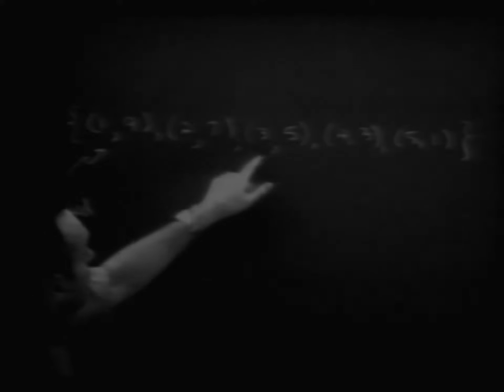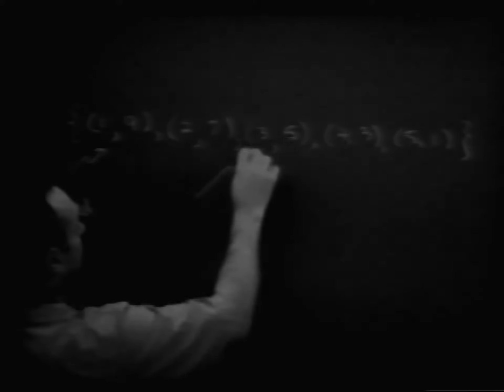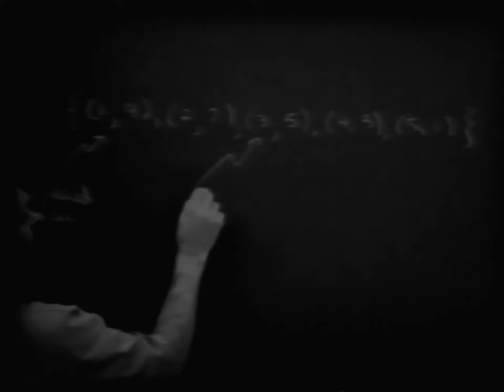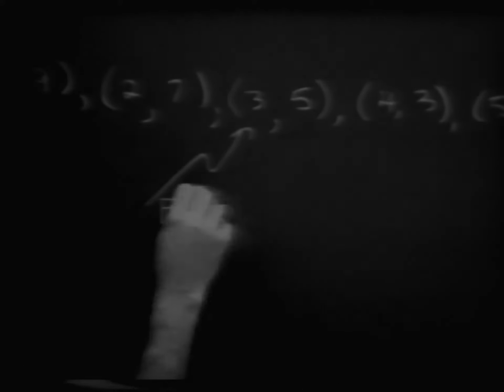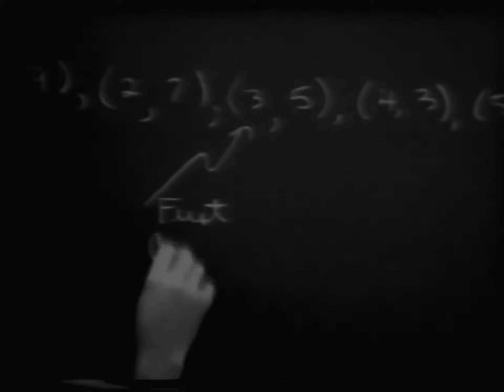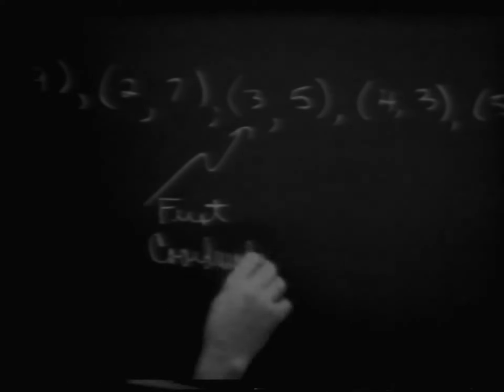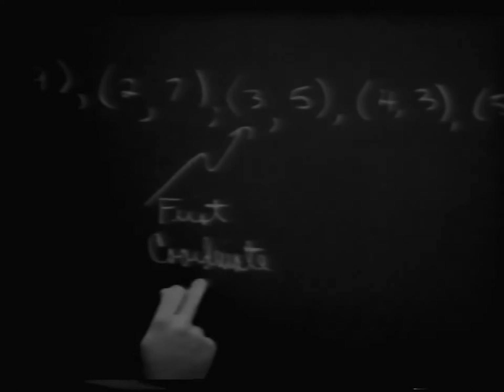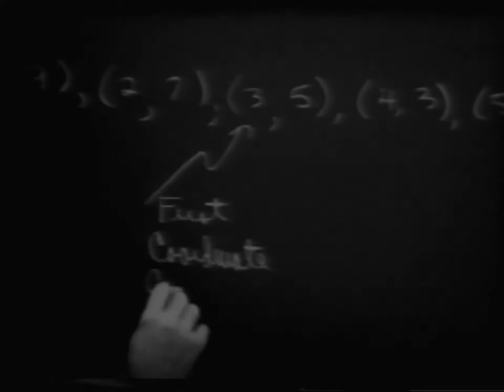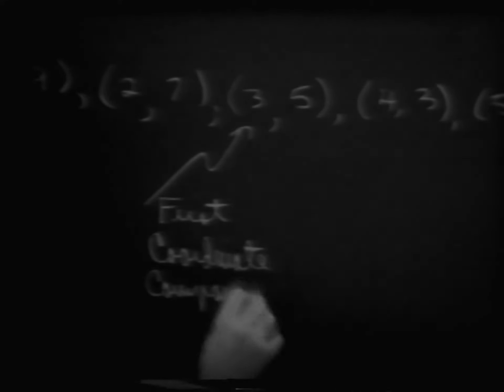Counting up the number of elements, Chuck says we have, pardon me? 5. 1, 2, 3, 4, 5 elements in our set, okay? And we refer to the first element here, all right? We can call this the first element or the first coordinate, okay? The first coordinate is another name that we give this, or another word is the first component, C-O-M-P-O-N-E-N-T, all right?